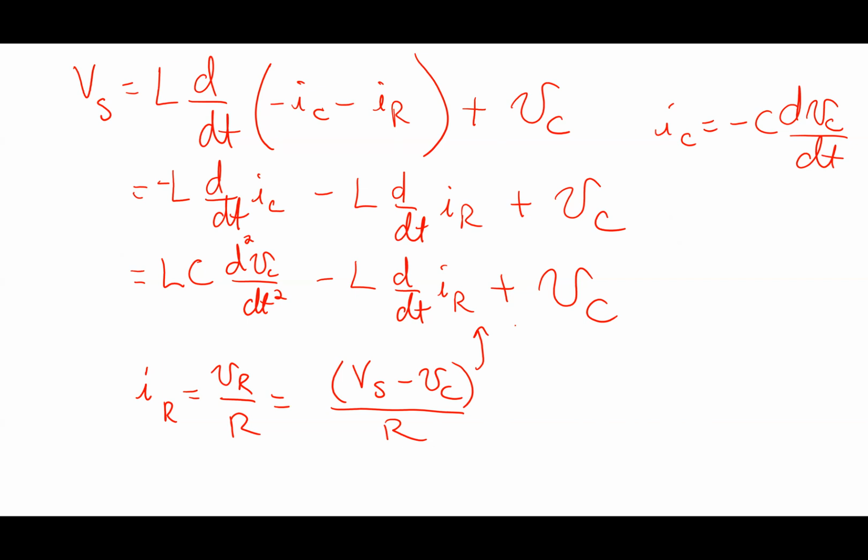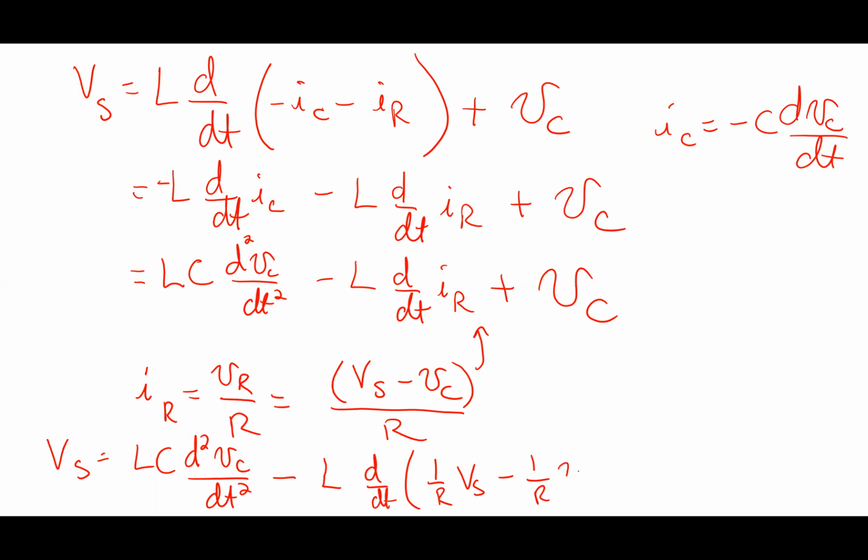Right, so that's going to turn this whole thing into VS equals LC, so minus L times d by dt of (1 over R V sub S minus 1 over R V sub C) plus V sub C. This is about as hard as it gets. I can't imagine I would ask you something much more difficult than this.